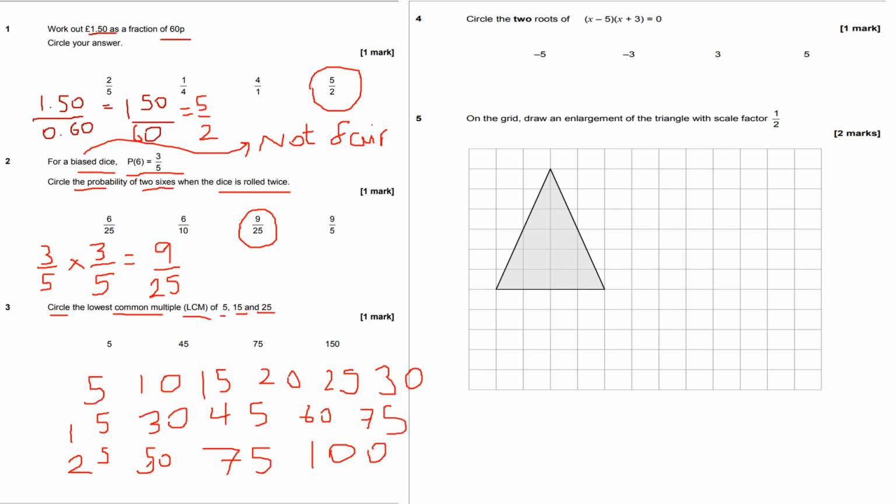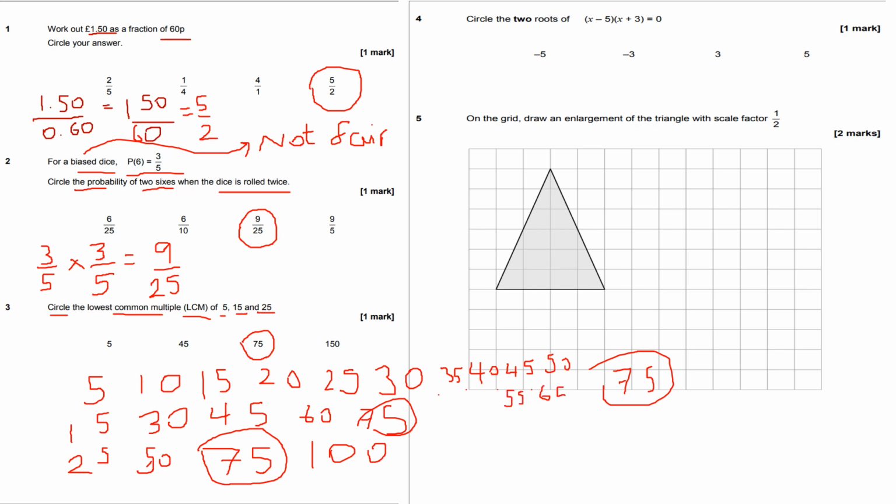And 5 appears 15 times. So 75 is the lowest common number, the smallest number that appears in all 3 times tables. So write out your times tables list. For this one it would be 35, 40, 45, 50, 55, 60, 65 and 70.